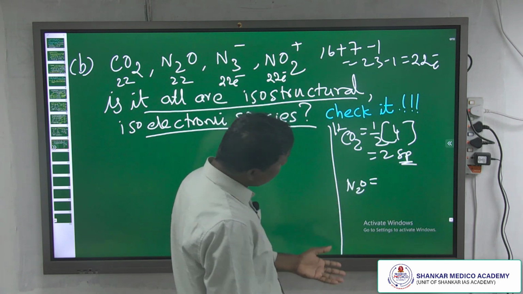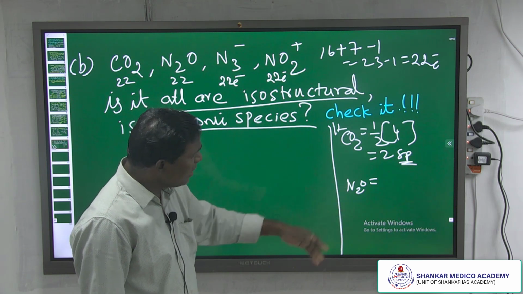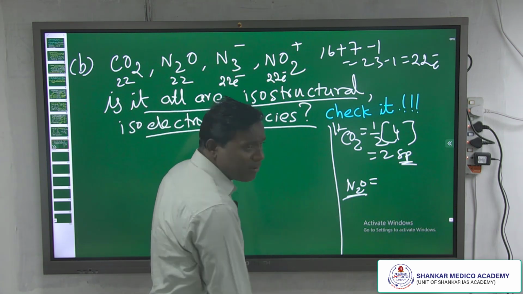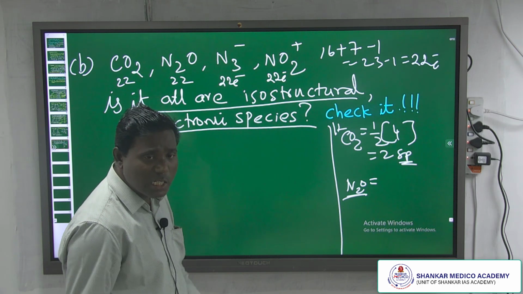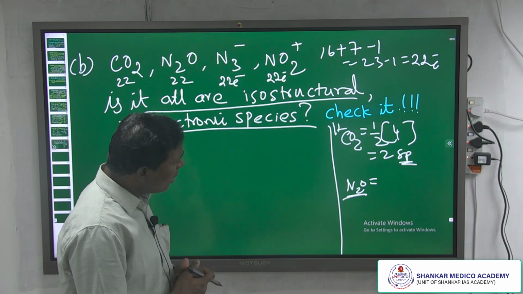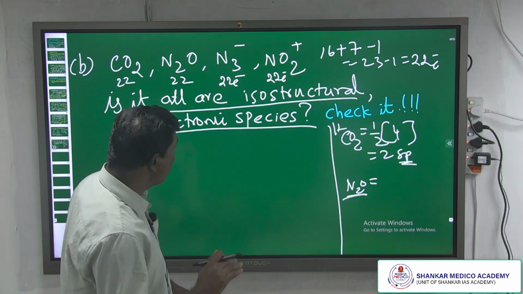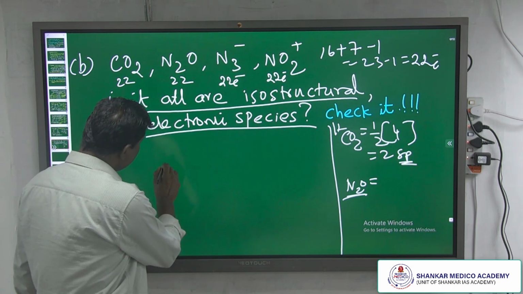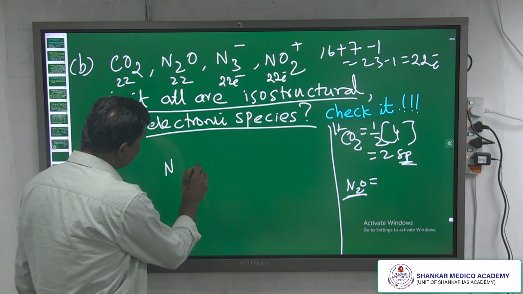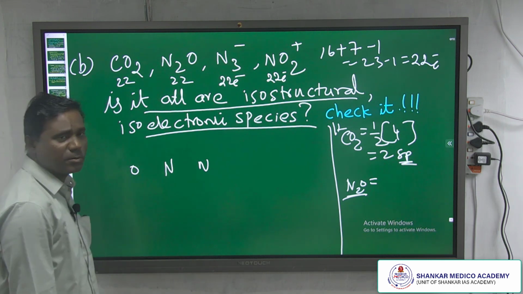So we don't have any evidence which one is the central atom. Ultimately, by looking at this N2O molecule, there is no evidence. But in this case, try to write the structure by looking at the electron Lewis dot structure, and you will get what type of molecule. Let us say O, like this you have to put it.